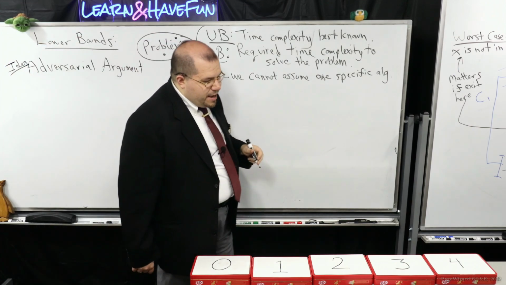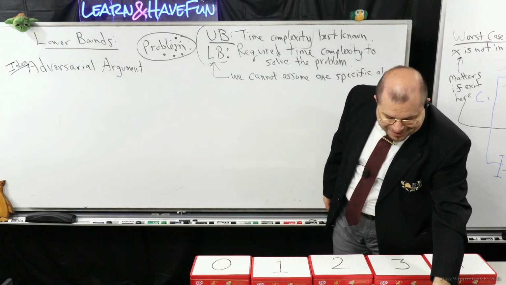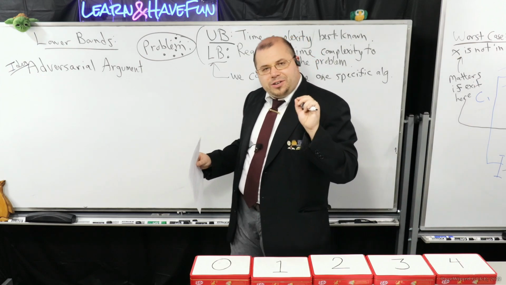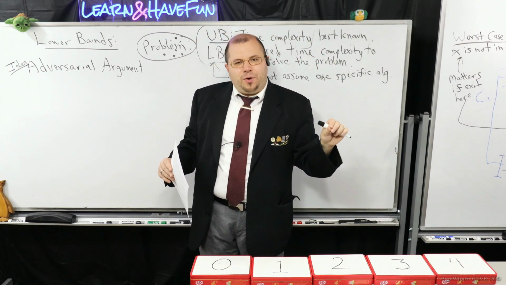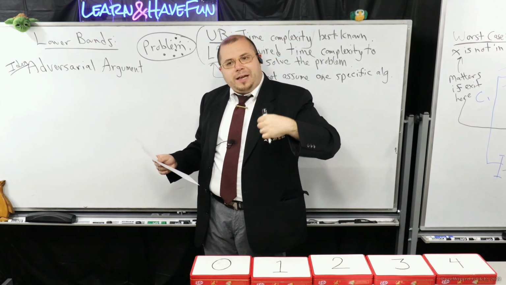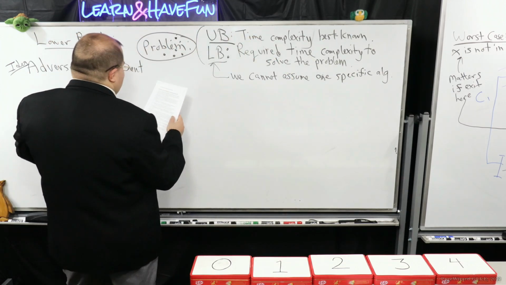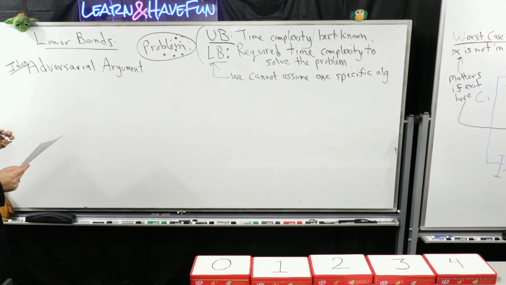So you might ask, Dan, what do you mean by an adversarial argument? I must stress that the way I'm going to introduce this is going to be somewhat informal, but I'm hoping that by the end you'll get the gist of the idea. Like I said, if you're curious, I'm happy to talk more about it in a future video.